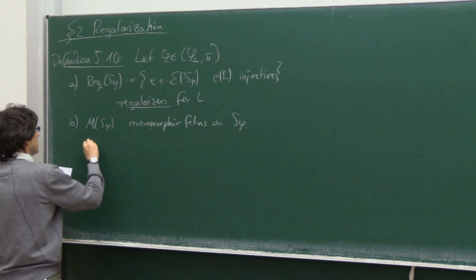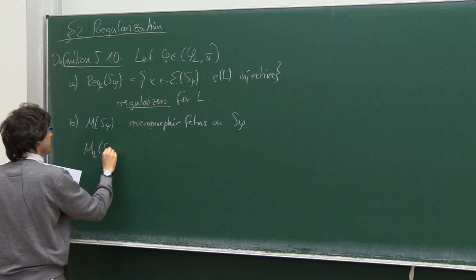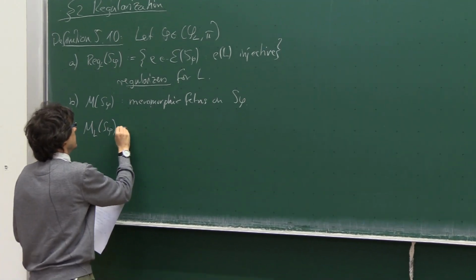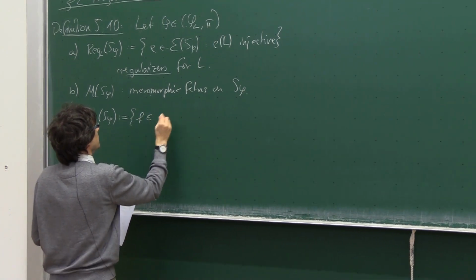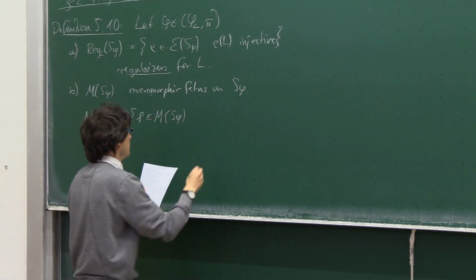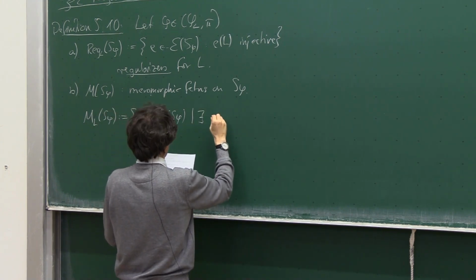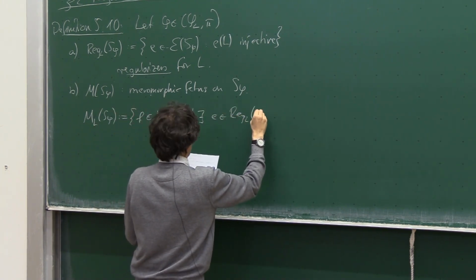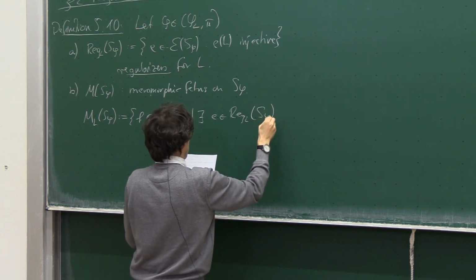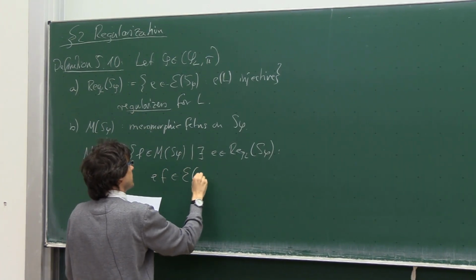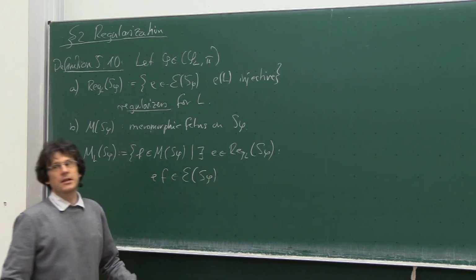Then we take a subclass of this, the set of all meromorphic functions on our sector with the property that there exists some regularizer E such that E times F is in the Dunford-Riesz class.